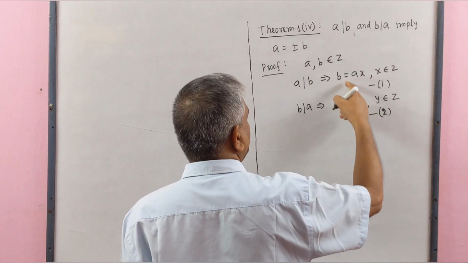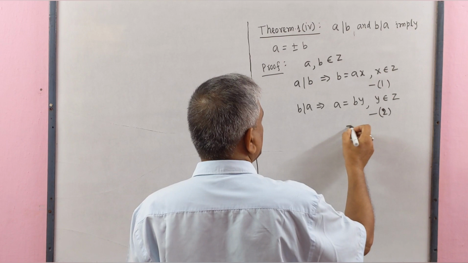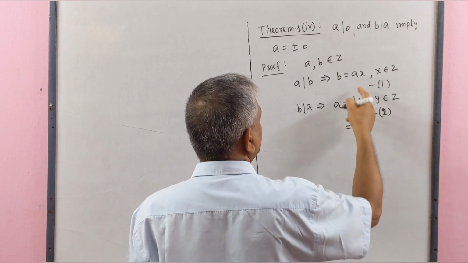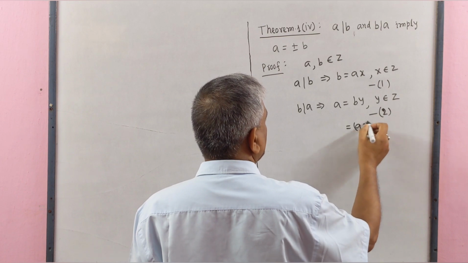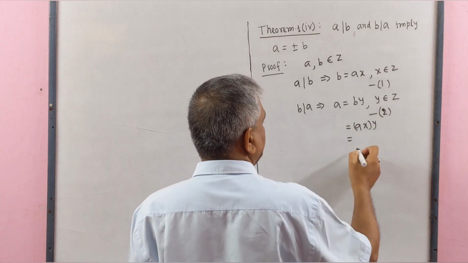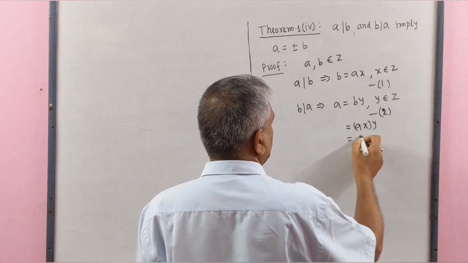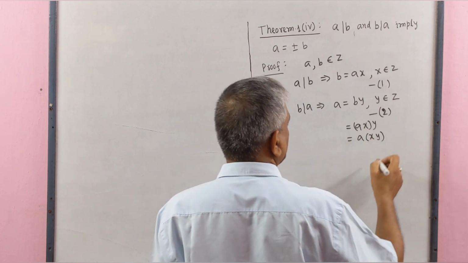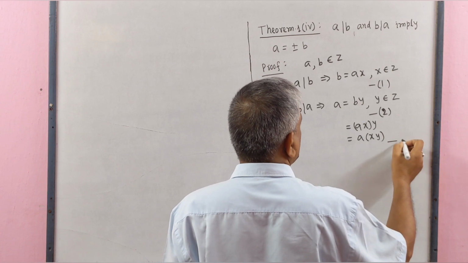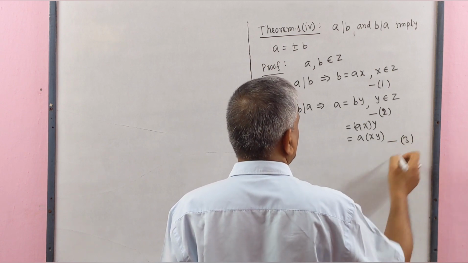Now, using 1 in 2, in place of B we write AX, so A equal to AXY by associative law, A(XY). This is number 3.